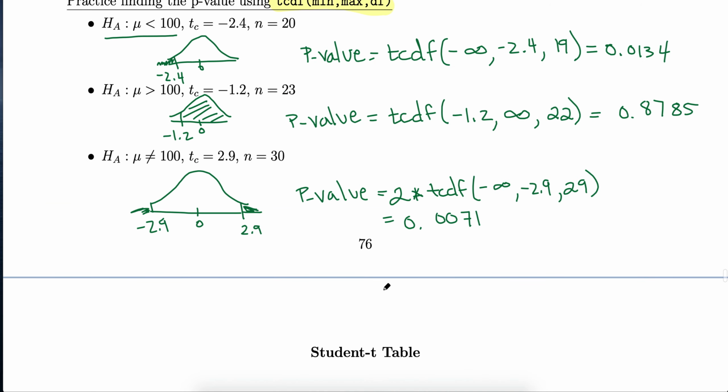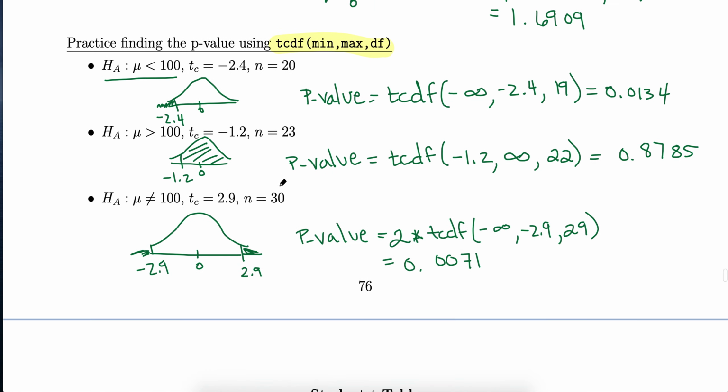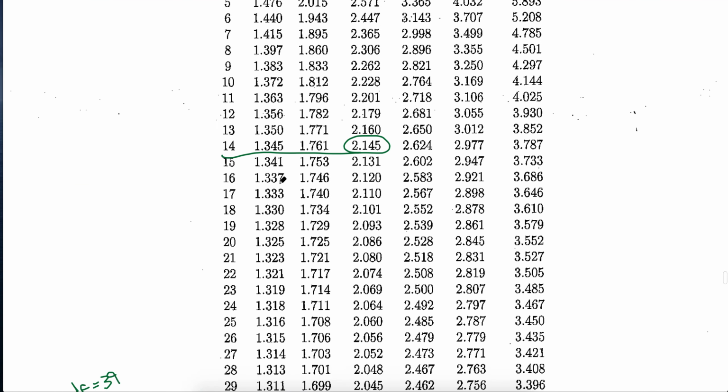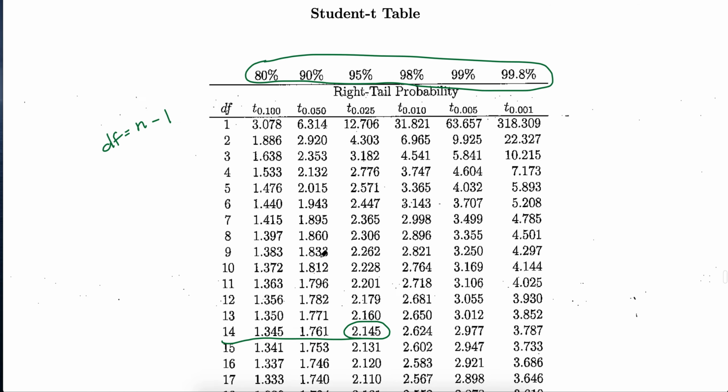If we check out our second example here, 90% confident, our degrees of freedom was 34. 34 is not on here. Our rule is use the smaller, so 30. So if you go over 30 to 90% confidence, that's our 1.697.